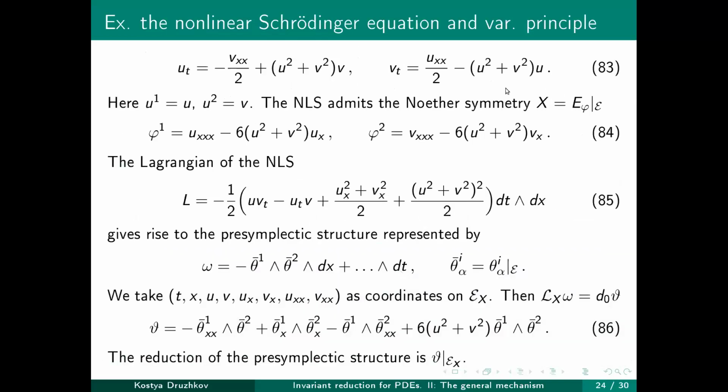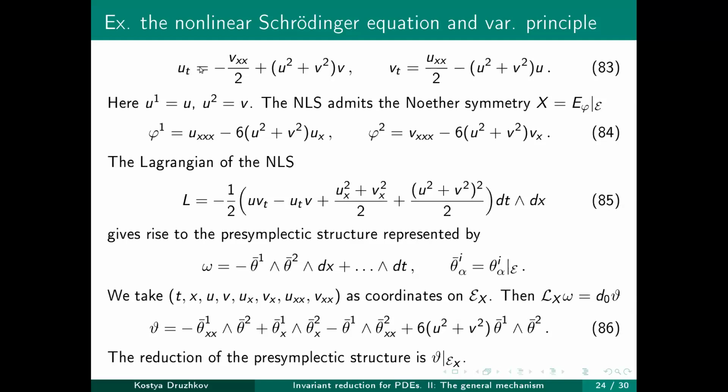But, yeah, the last example is the nonlinear Schrödinger equation and its variational principle. Let me demonstrate how the reduction of variational principles works. That is the reduction of internal Lagrangians, because they are variational principles formulated in terms of the intrinsic geometry. So we have this nonlinear Schrödinger equation.